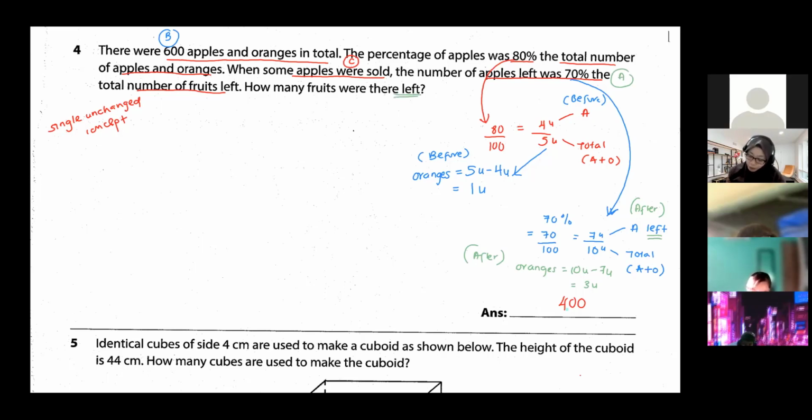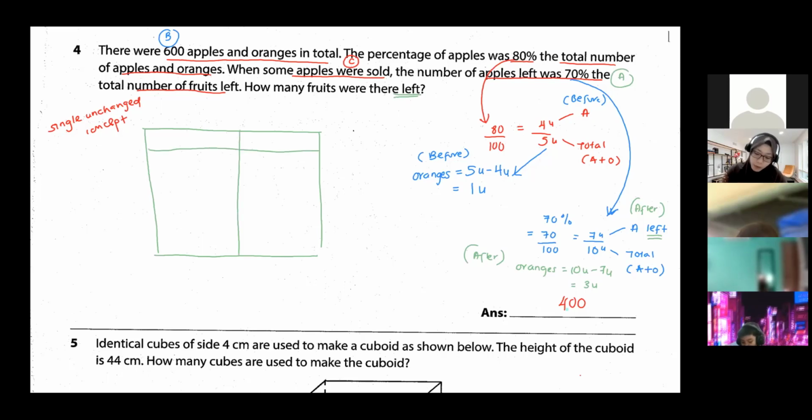So what do we do? We will draw out the table. We divide it into 2 columns. So we have our apples and our oranges, before, change, and after.